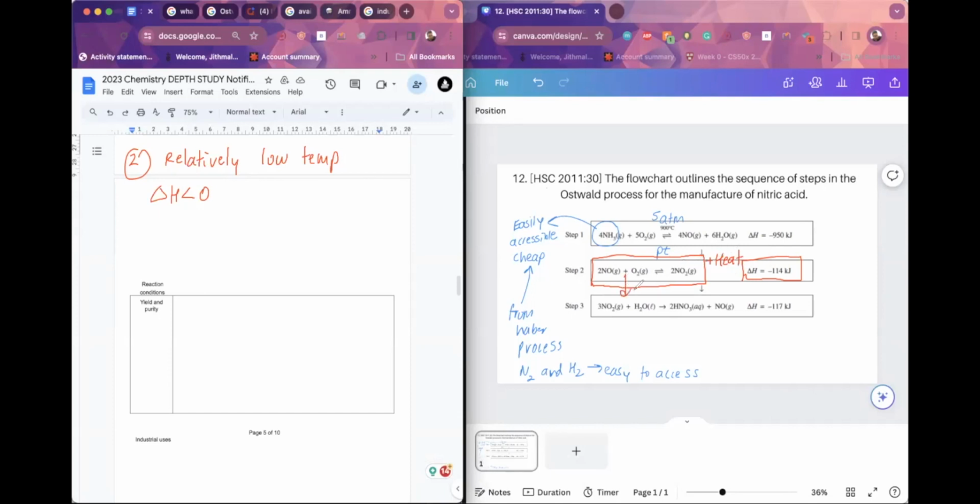So if I lower the temperature, if I lower heat, it's going to want to shift to the right and then produce more heat. So that would increase the yield. So relatively low temperature to then increase my yield.